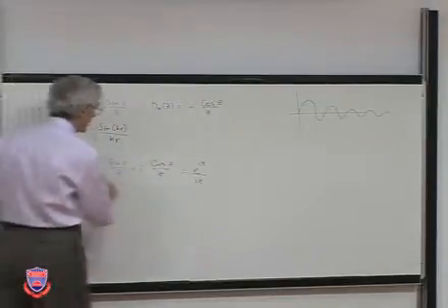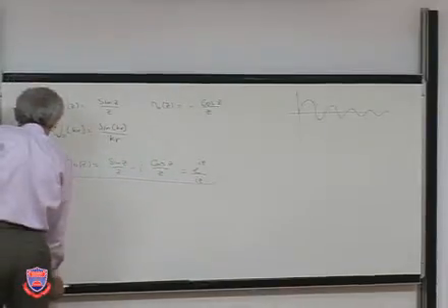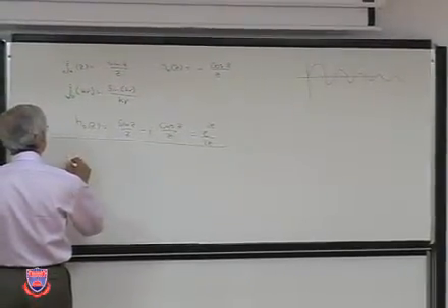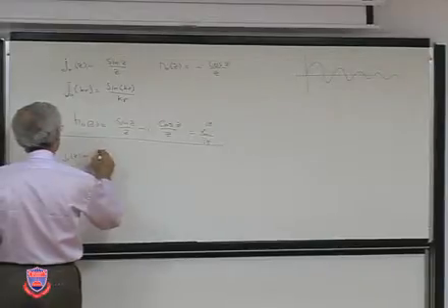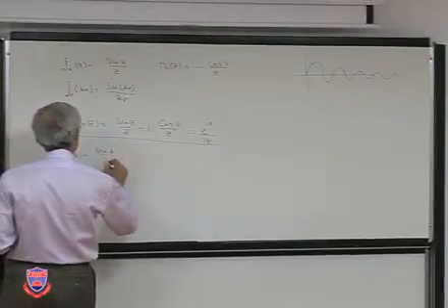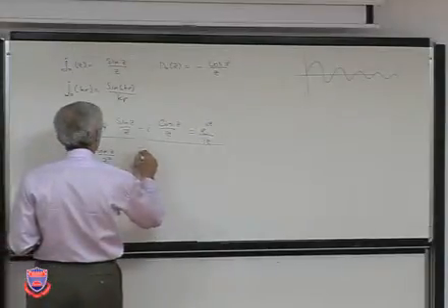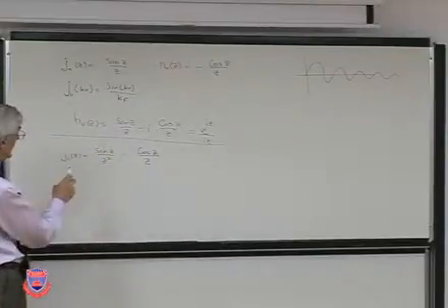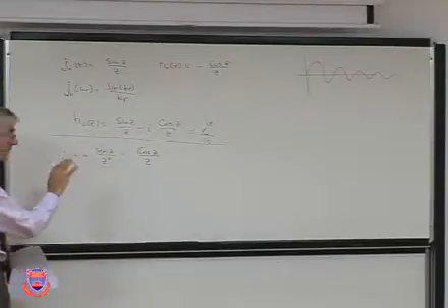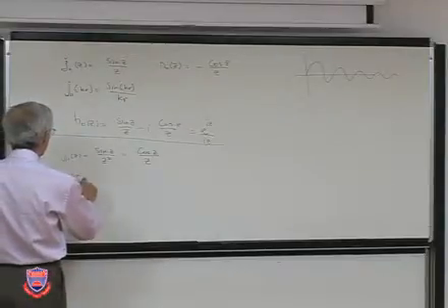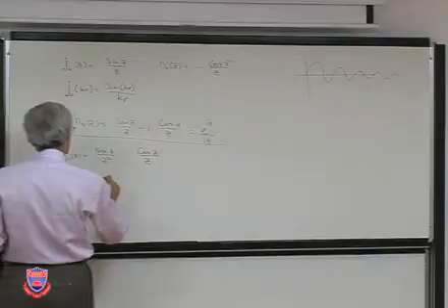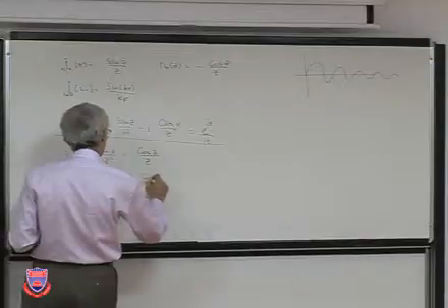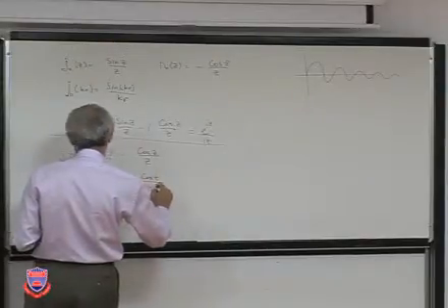So this is the first one, the zero order, and the first order is now you can see it's getting a little bit more complicated. And the first order Neumann function is minus sine z over z minus cosine z over z squared.